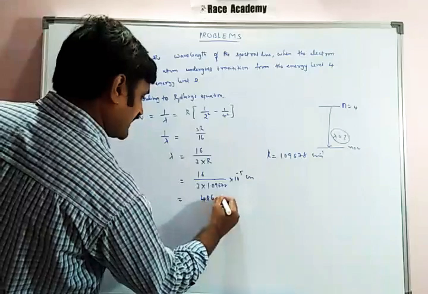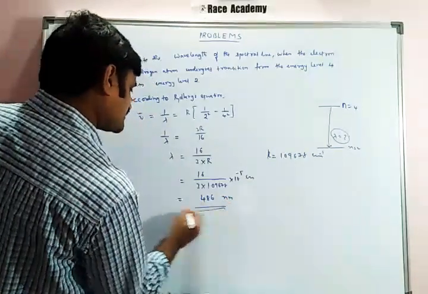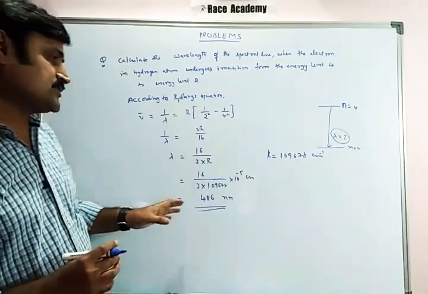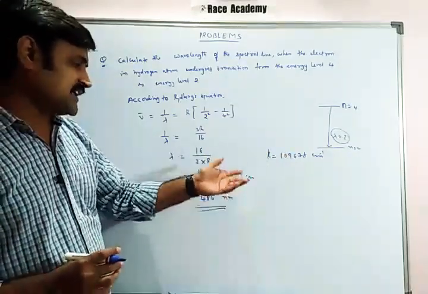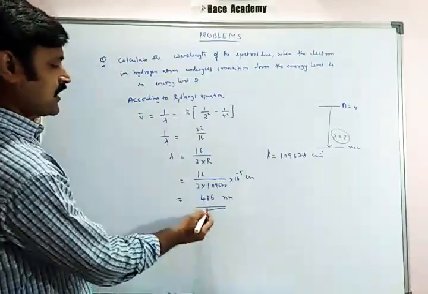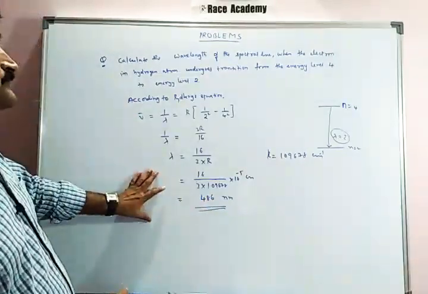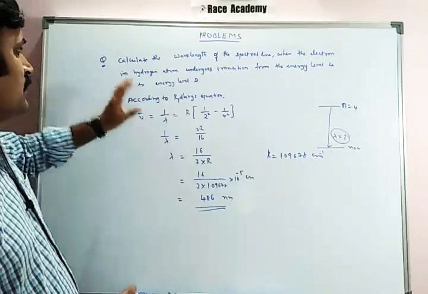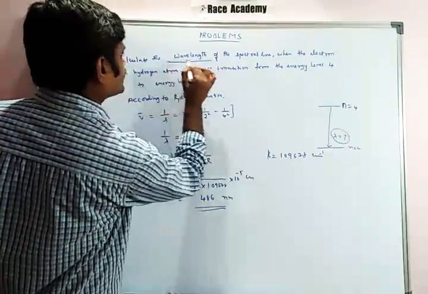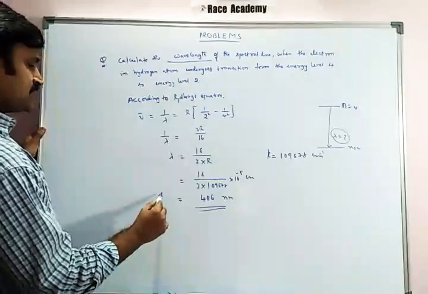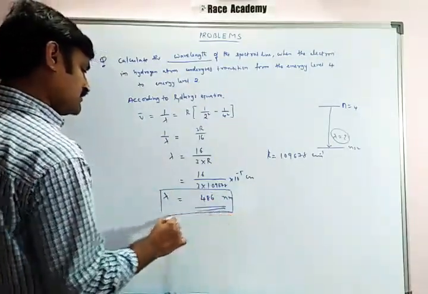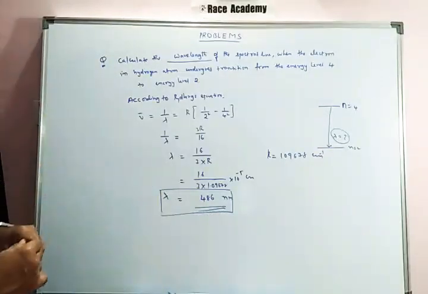I got 486 nanometers as the answer after converting the centimeters into nanometers. The aim of the problem is the wavelength of the spectral line, and we got 486 upon simplification.